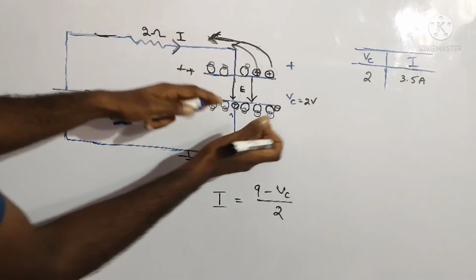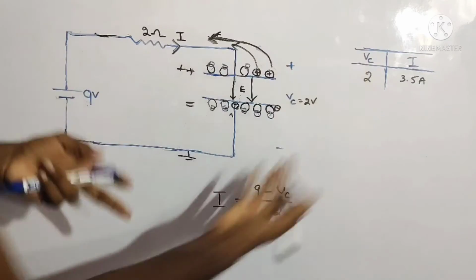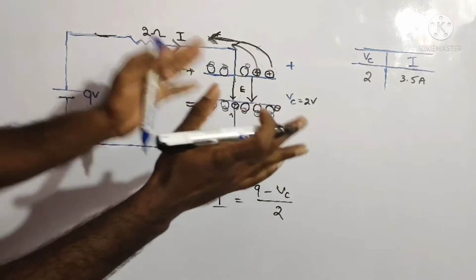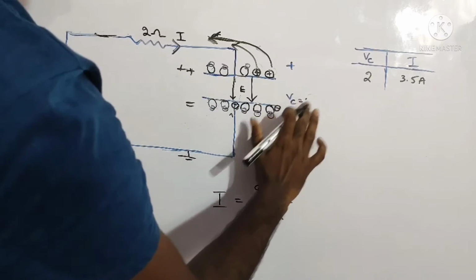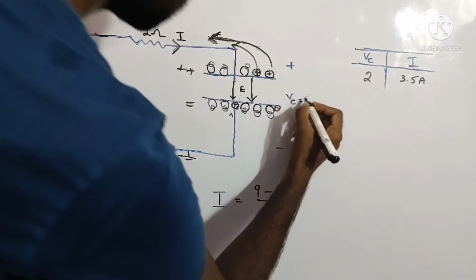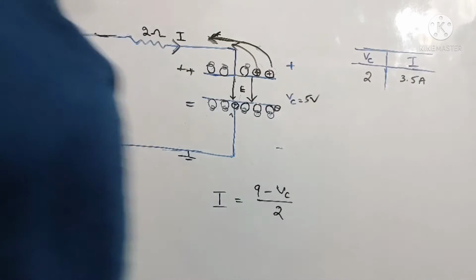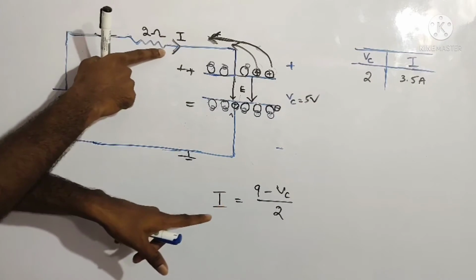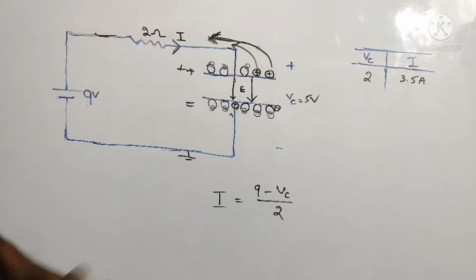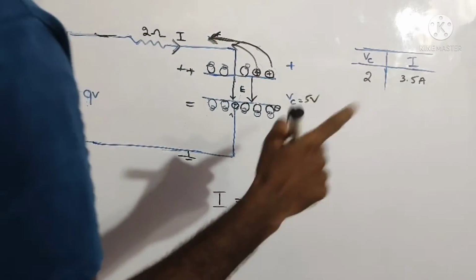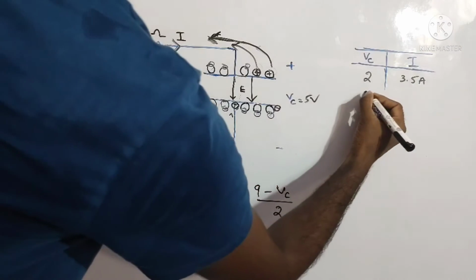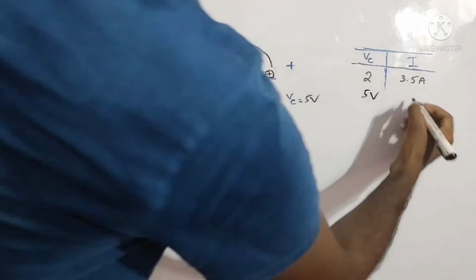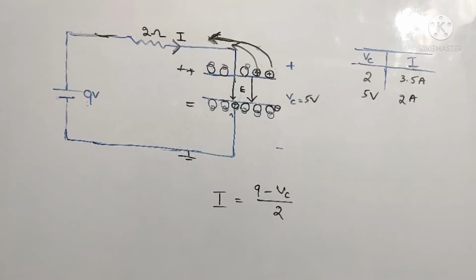As there are two electrons here, the voltage increases again, because of these two. So now I am increasing the voltage across the capacitor to 5 volts. Now I am going to calculate the current again: 9 minus 5 over 2, that is 4 over 2, which is 2 amperes. So if Vc is 5 volts, my current changes to 2 amperes, right?